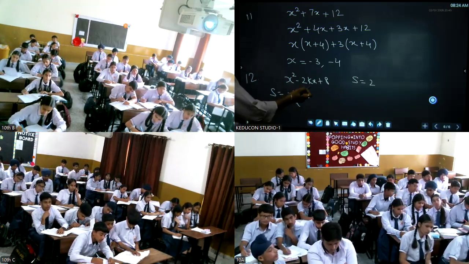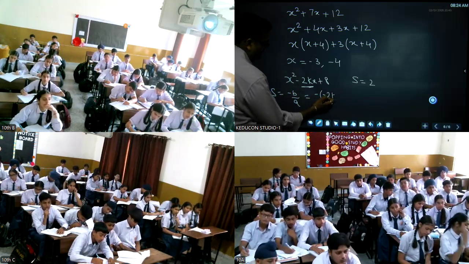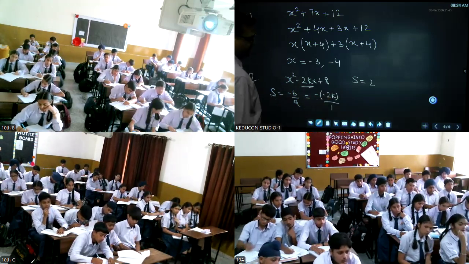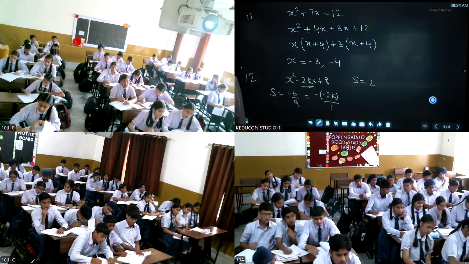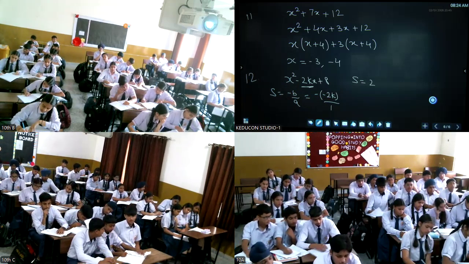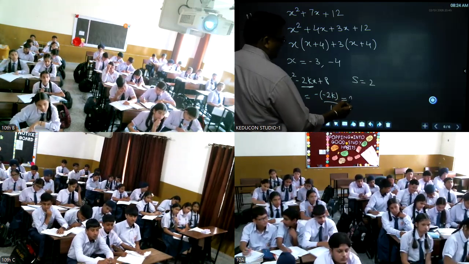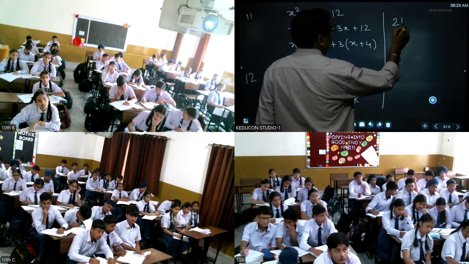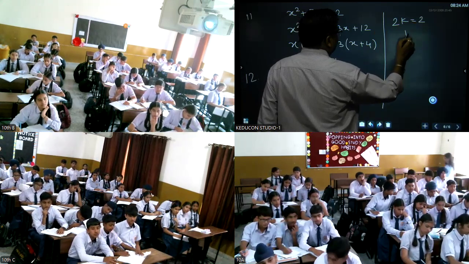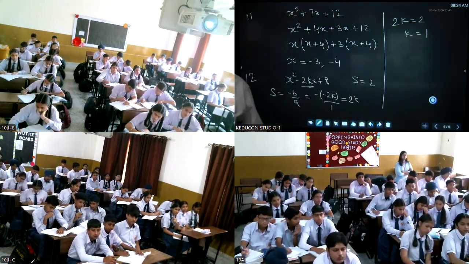Minus 2k will be b, right or not? Is this step clear, students? Yes. So the sum comes out to be 2k, and it is given equal to 2. So therefore 2k equals 2, k is equal to 1, right? So this is a true statement.